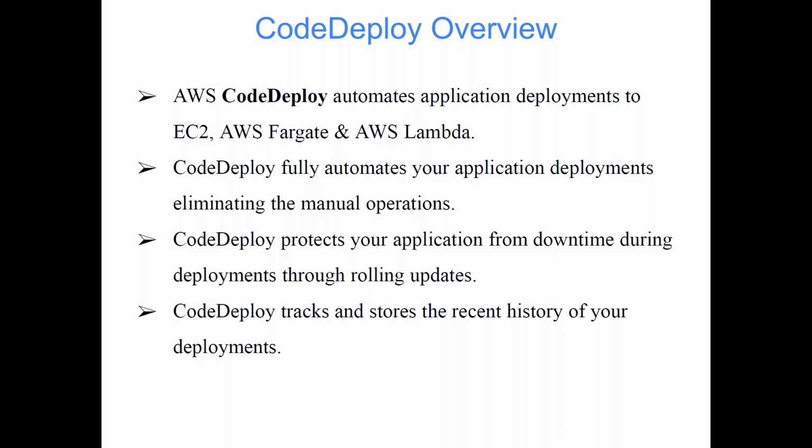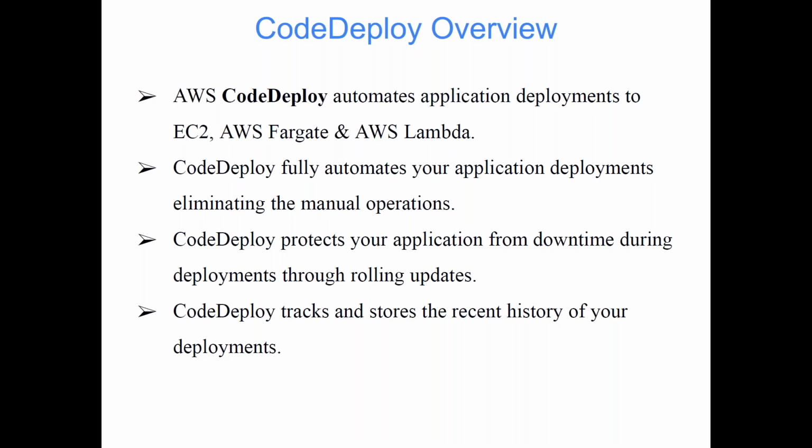So we will roll the updates in a sequential manner. CodeDeploy can redirect 10% of traffic to the newer application and 90% to the older application, so that even if the newer application has some issues, all your customers will not be affected.